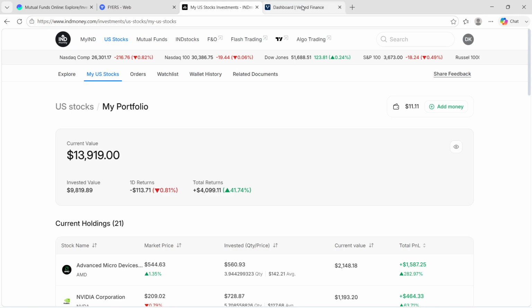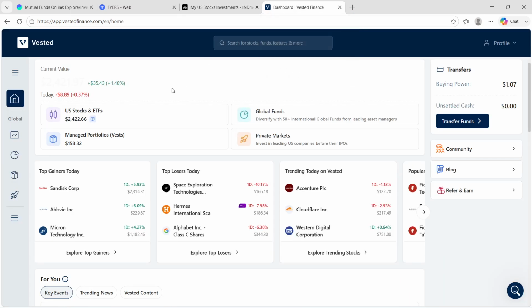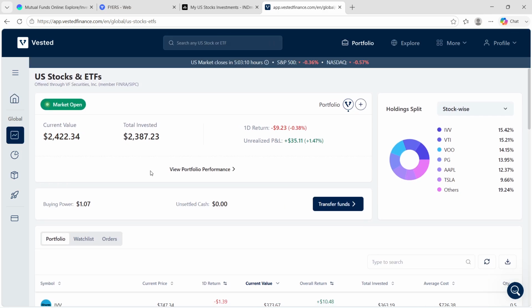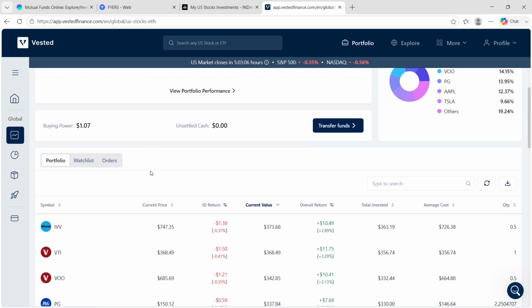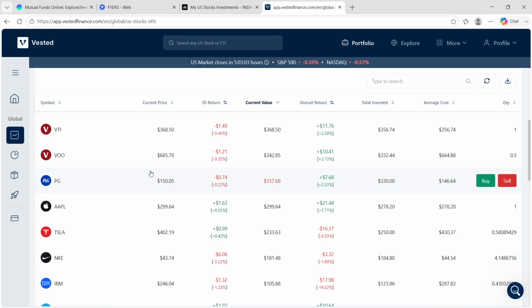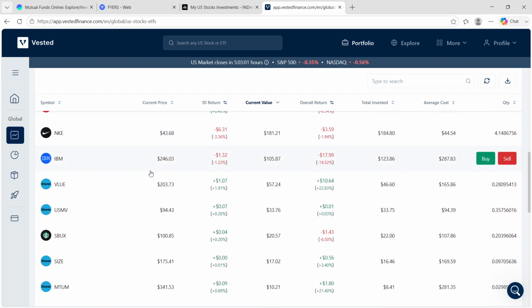And one more account I have is Vested. I am using Vested also to invest in US stocks. So this is the current value of my investment. If you go to the US stocks here, you can see a lot of US stocks where I have invested.